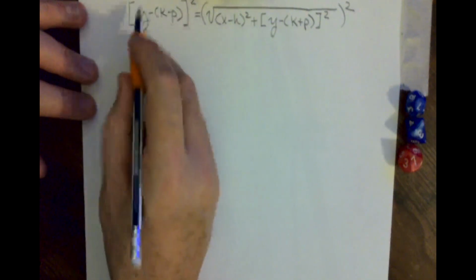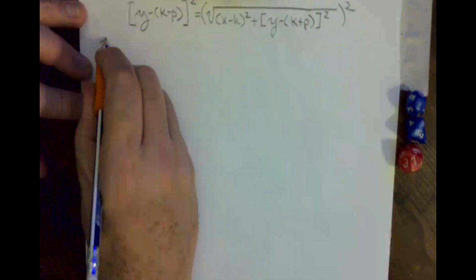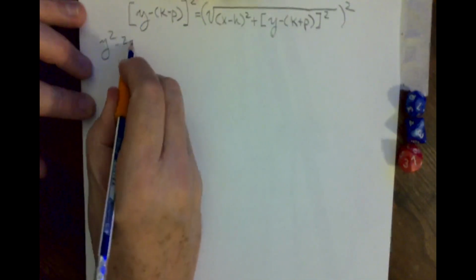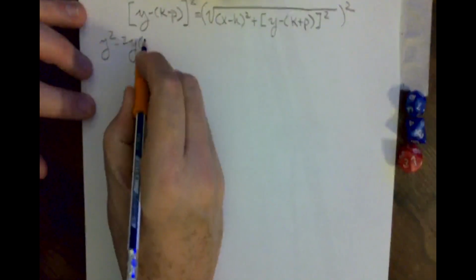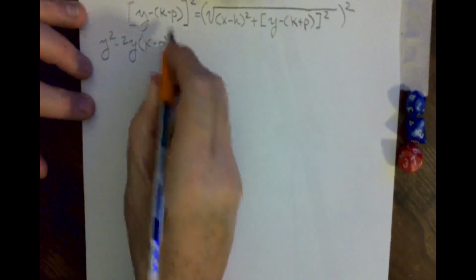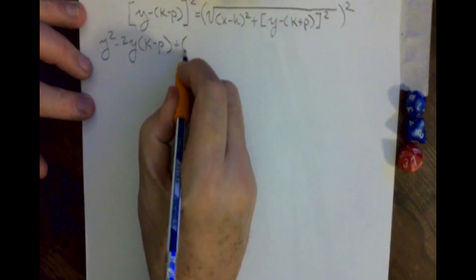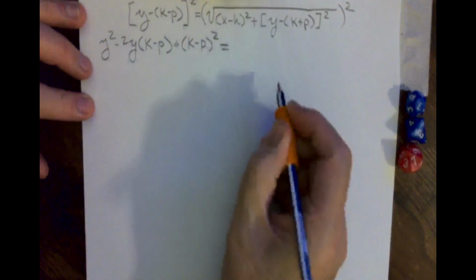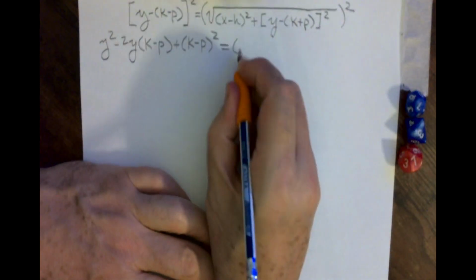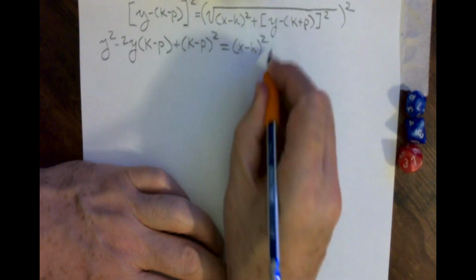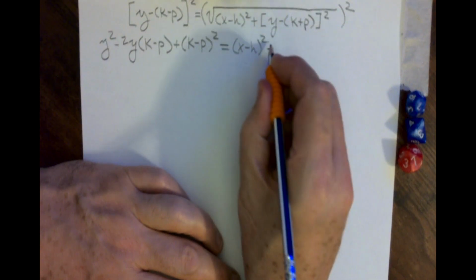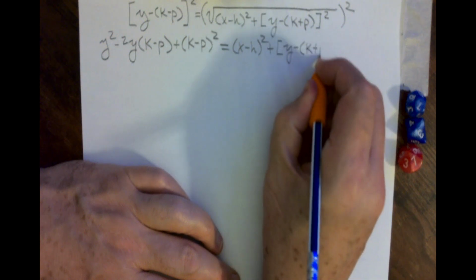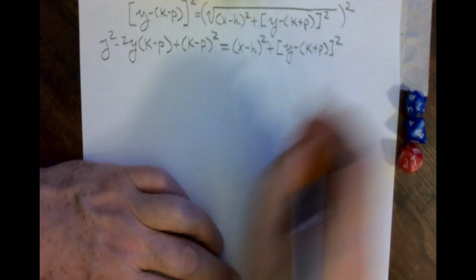We're squaring, so this is going to give me y squared minus 2y times this quantity, k minus p, and then this squared. And on the right side, I'm just taking that radical off. So I'm going to be left with this right here, which I'm going to basically leave alone, plus (y minus (k plus p)) squared.